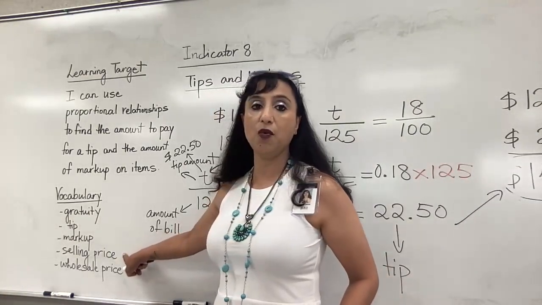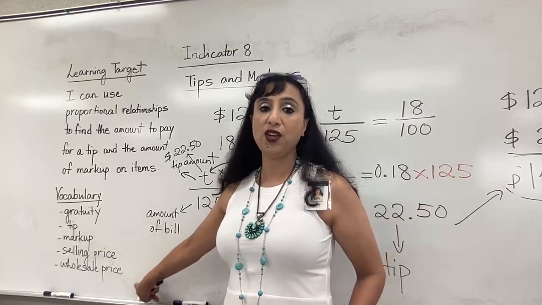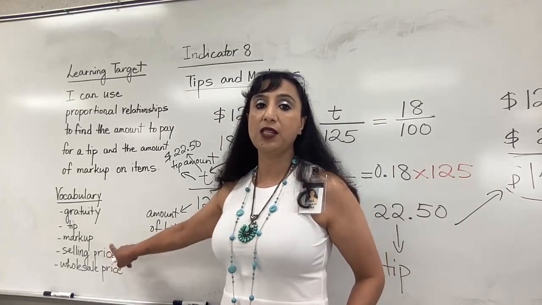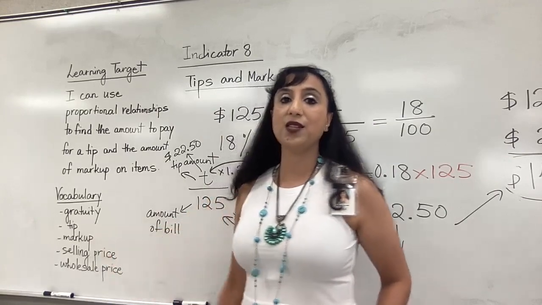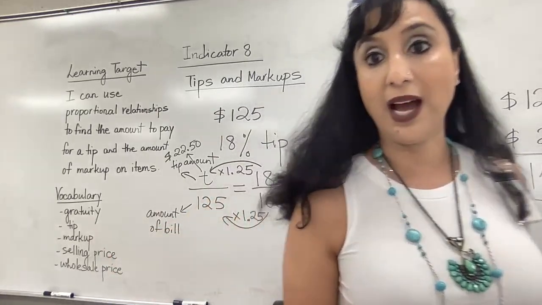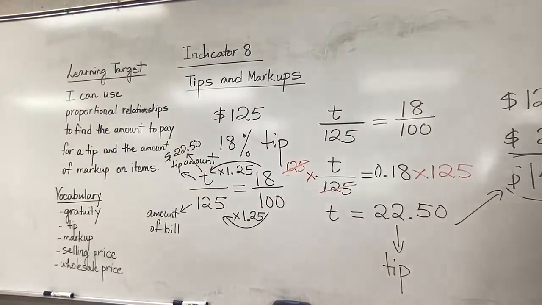So this is what the store is buying it for, this is the amount that they're increasing the price, which is the markup, and the selling price is what the customer is buying that item for. The selling price is equal to the wholesale cost plus the markup.